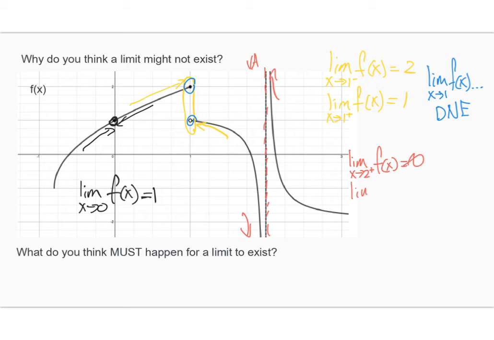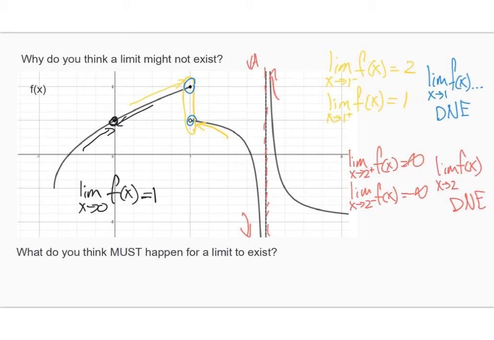Our limit as x approaches 2 from the left is negative infinity. But because those are different, we don't approach the same thing. The limit of f of x as x approaches 2 does not exist. And it is okay to write DNE for does not exist in this course. And that's also okay on the AP test.